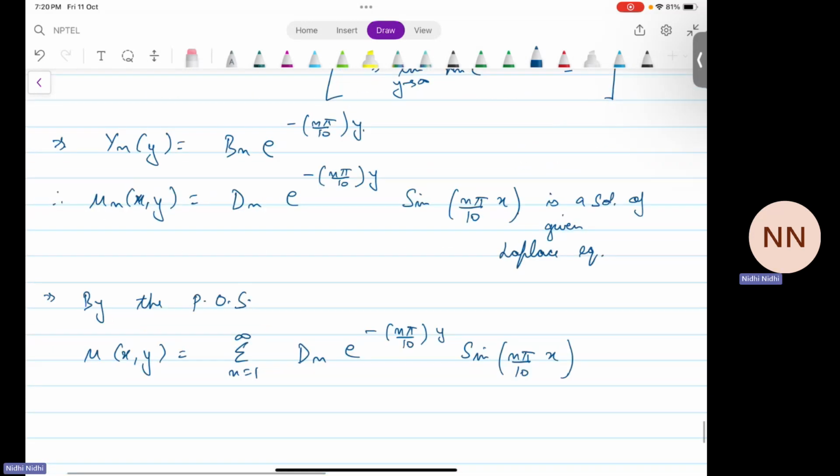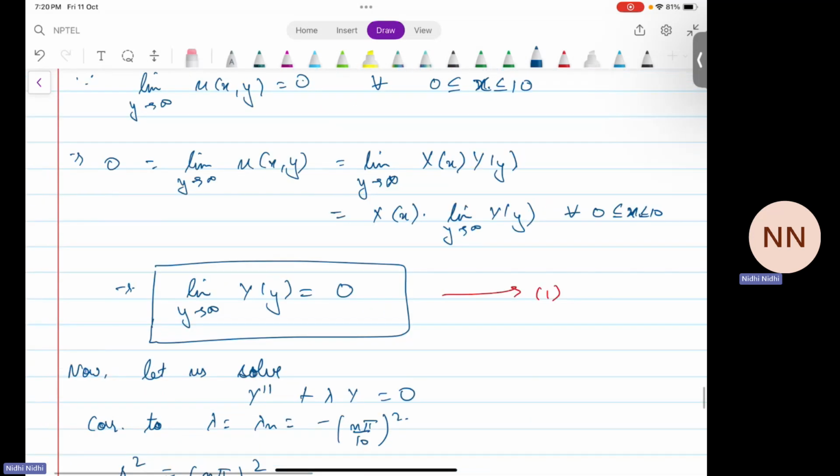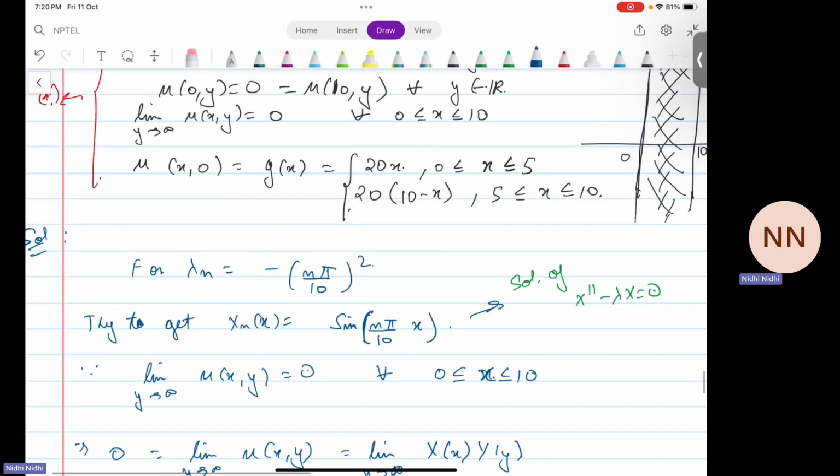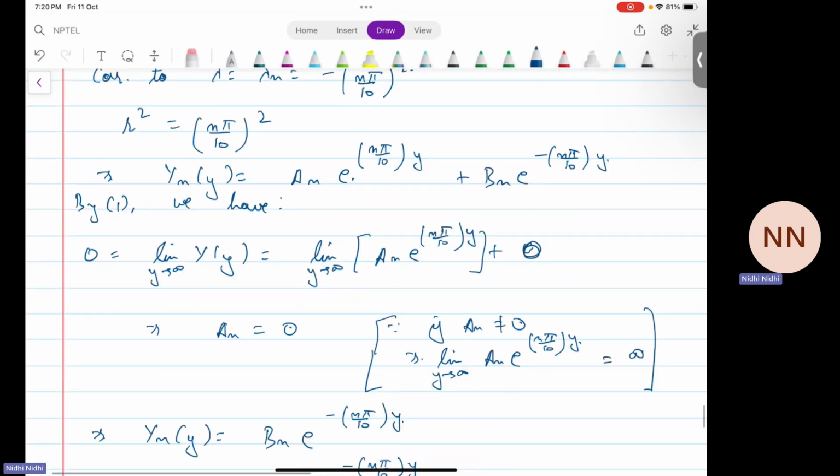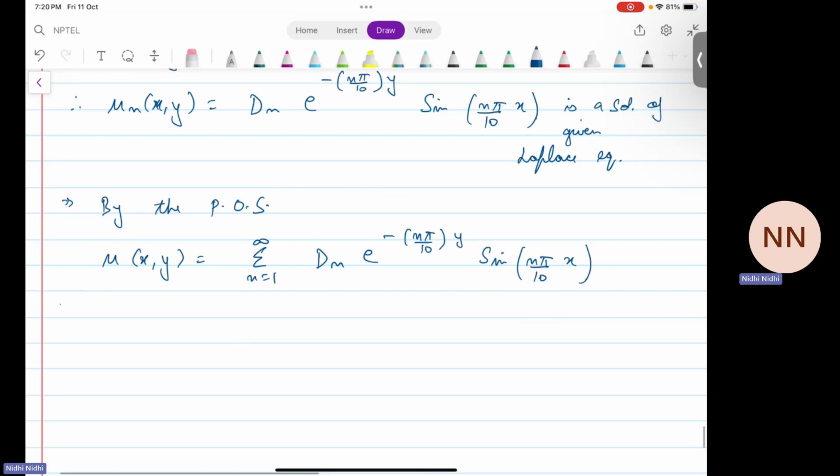Now we had another boundary condition, the last one, u(x,0) is g(x). So by star, g(x) is equal to u(x,0), which is summation n from 1 to infinity d_n e to the power 0, which is 1, so we have just sine n pi by 10 x.